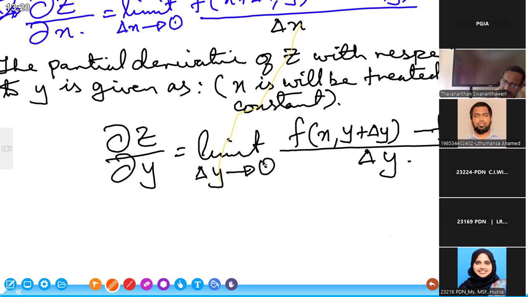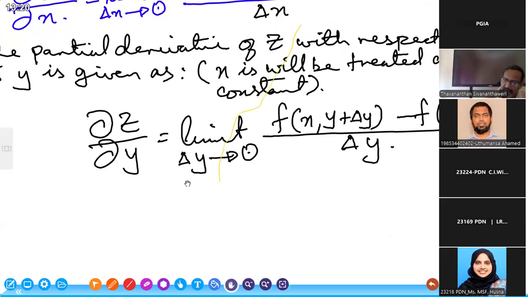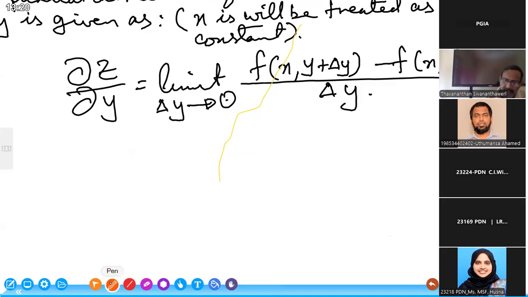This is a little unclear. Okay, so this is how we come up with the partial derivative.